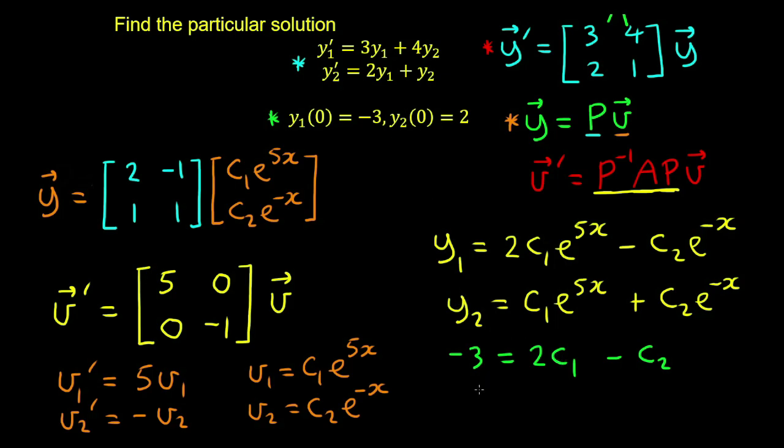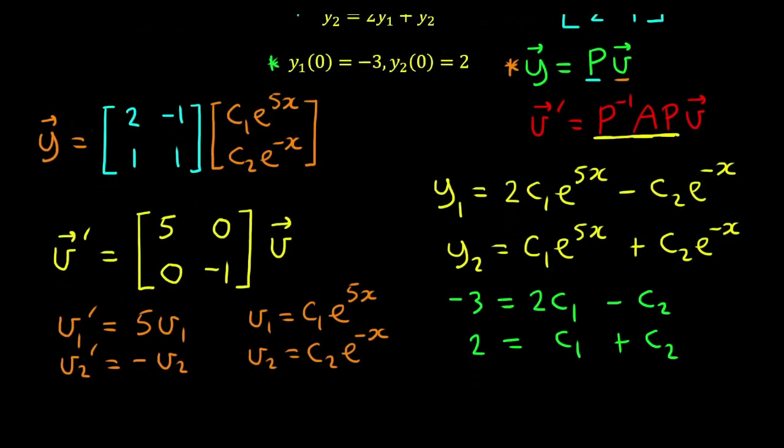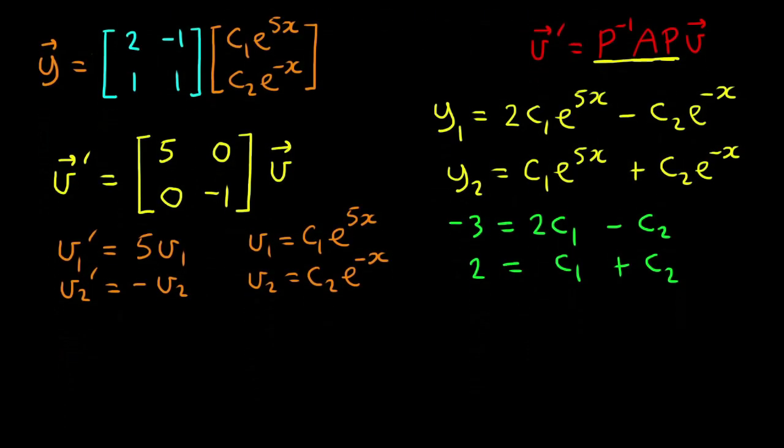And our second initial condition gives 2 is equal to C1 plus C2. And now we can solve this system for the constants C1 and C2. So let's construct our augmented matrix where we have 2, -1, 1, and 1, augmented with -3 and 2.